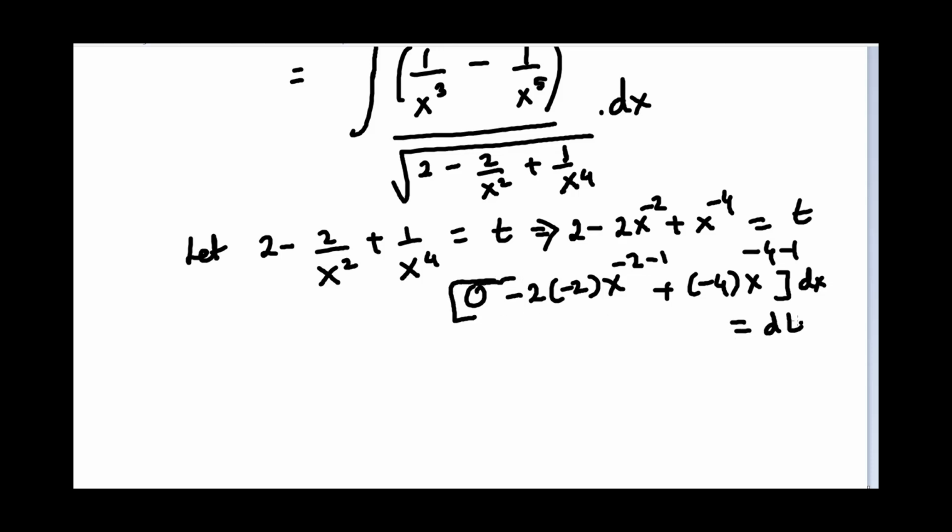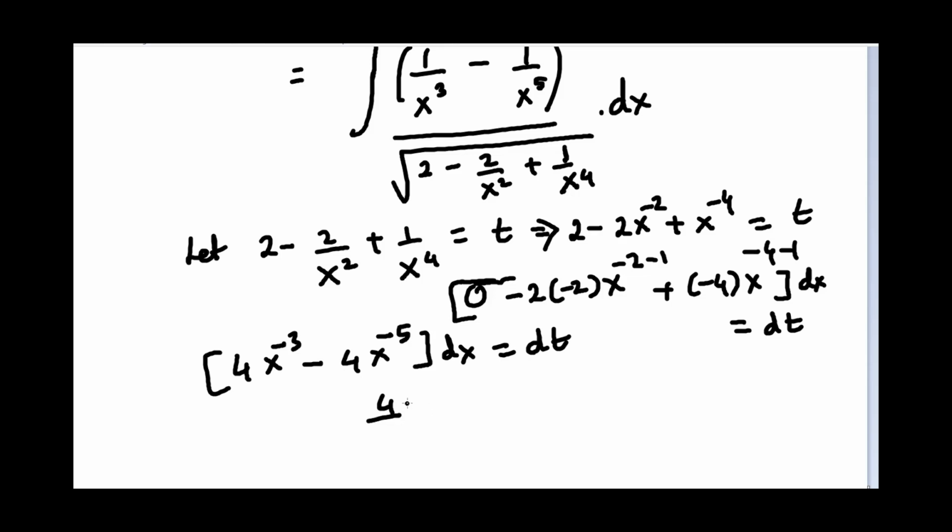Now this can be rewritten as 4 times x to the power of negative 3 minus 4 x to the power of negative 5 times dx is equal to dt. I can rewrite this by taking 4 out.